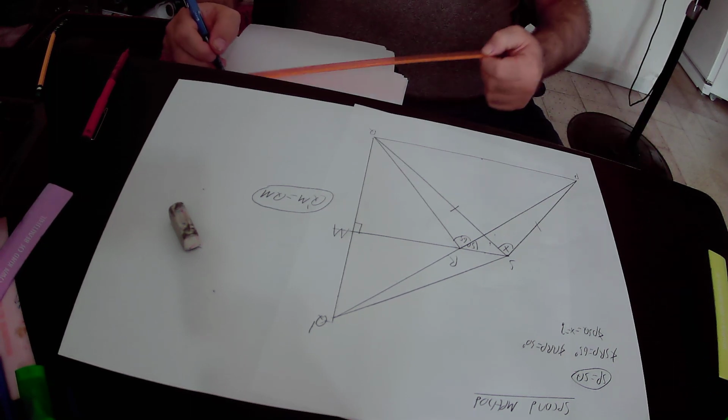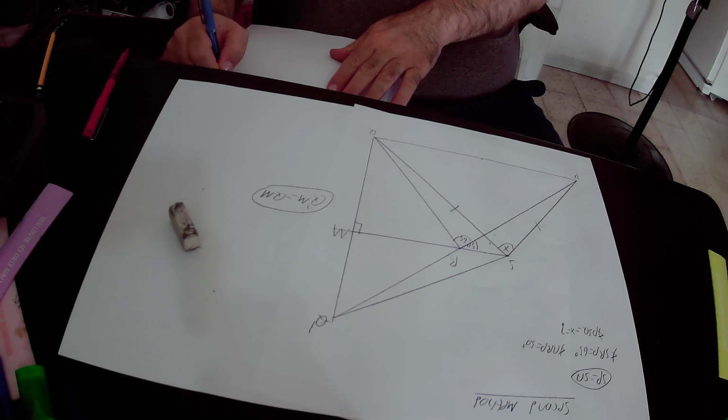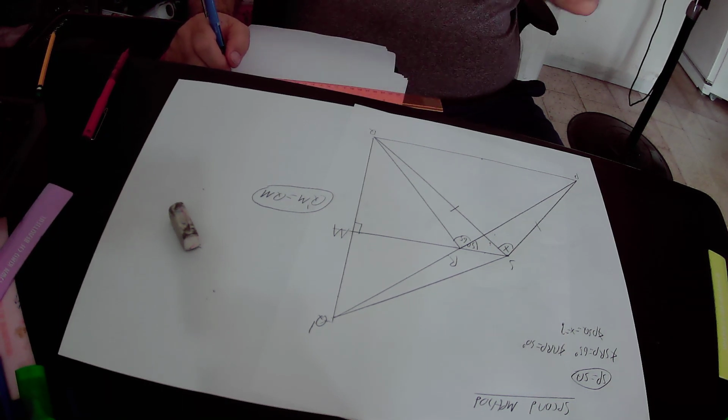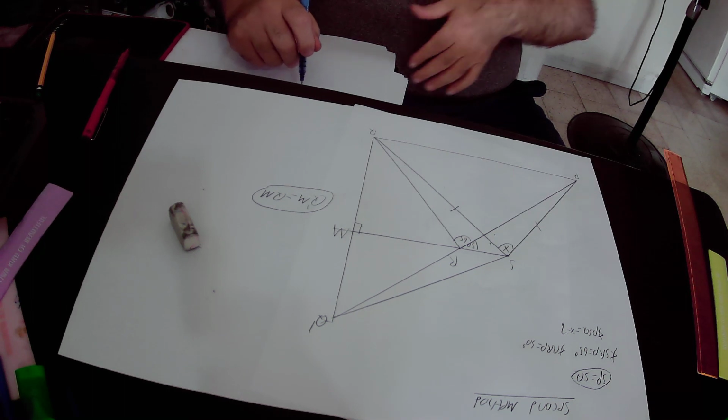And we have the rule that I mentioned already in method 1, that the sum of the angles on one side of a straight line is equal to 180 degrees.